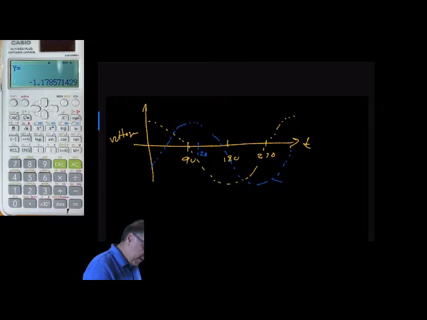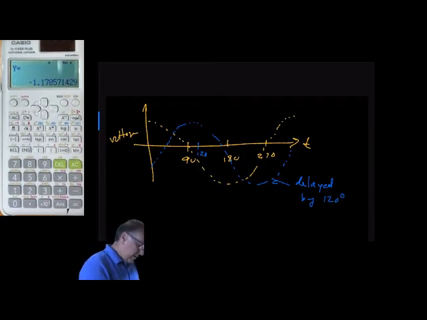So this is delayed by 120 degrees. And our peak amplitude would be 650 and minus 650.